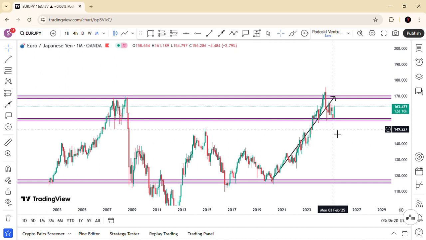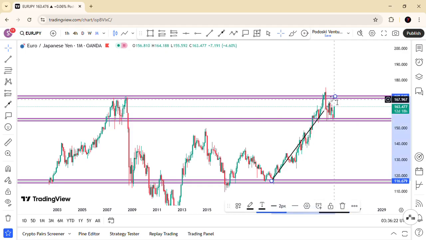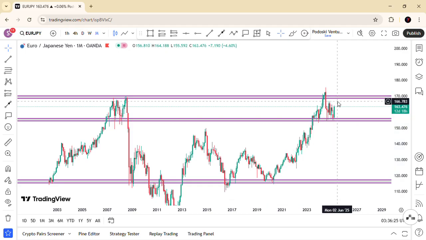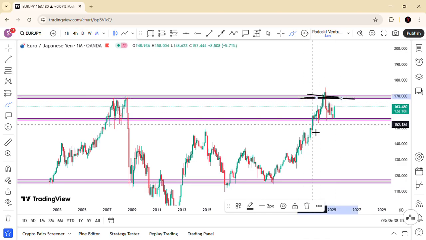So with that being said, since you already know EURJPY is in an uptrend, what do we look for? We look for buying opportunities. On EURJPY, this is my monthly upper zone, my monthly midway zone, and my monthly lower zone.